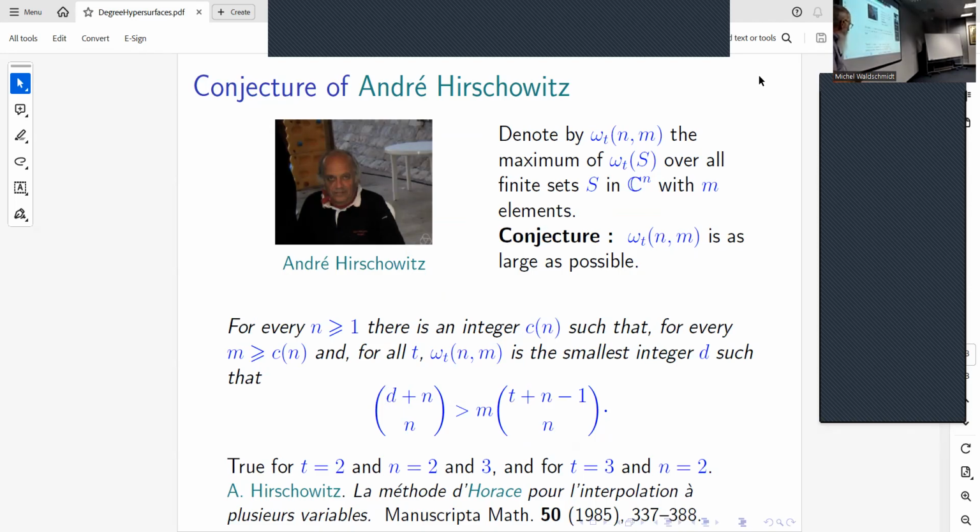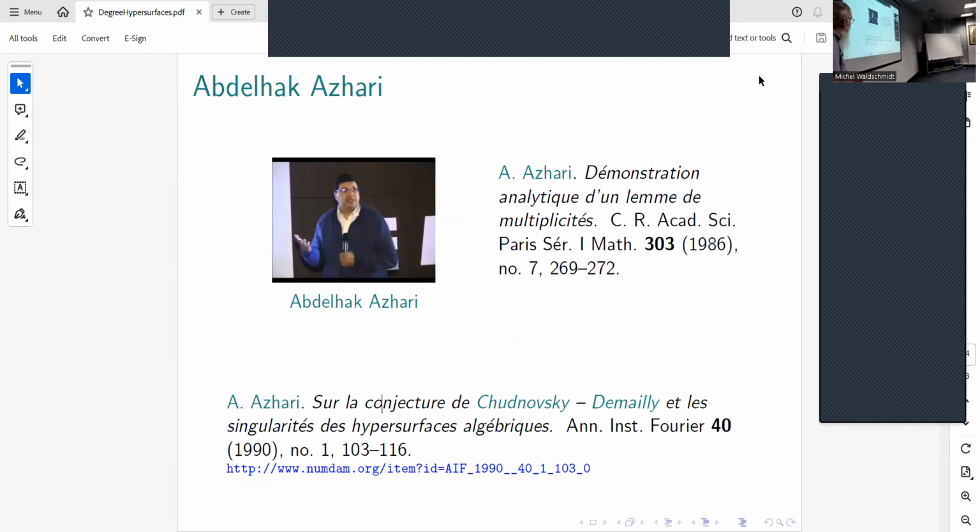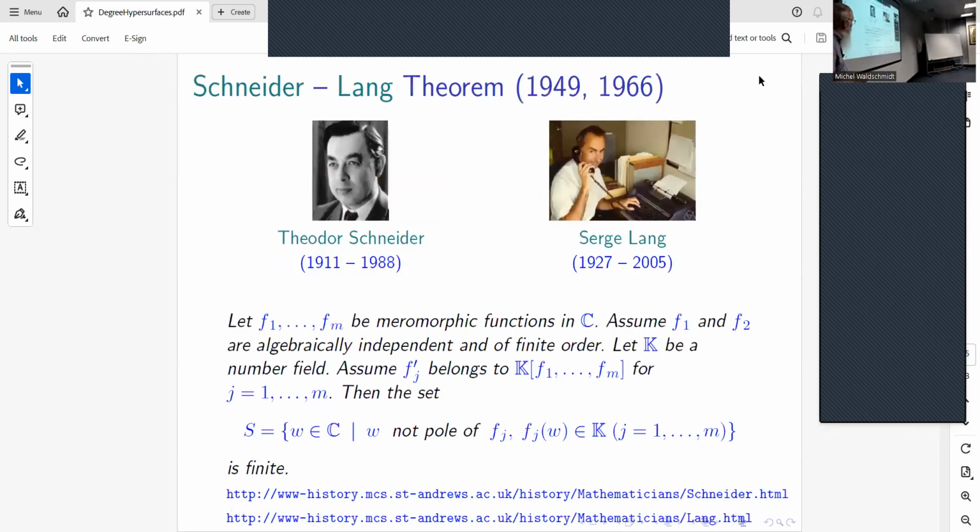The method of Hershowitz is implicit, always, and if you know French, you would say les rois et les cueillasses, always and always, the ancient literature of the Greek, but I can tell you more about that. And there is some other short lemma due to Atari, where we got some partial result on this conjecture.